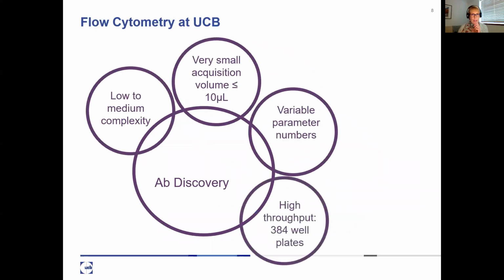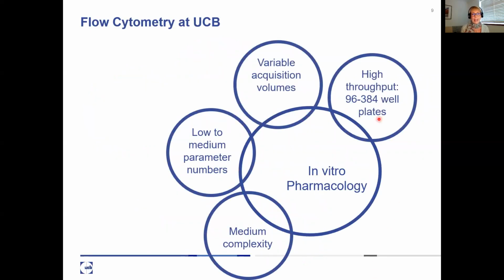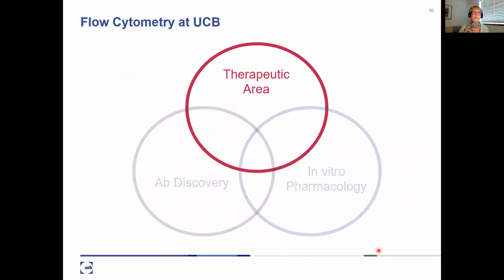So the requirements of these areas are quite different as well. So antibody discovery tends to use smaller volumes and is truly high throughput. We're looking at 384 well plate formats for this area. In vitro pharmacology, again, is still high throughput, can have more variable acquisition volumes, again, medium complexity and low to medium parameter numbers.